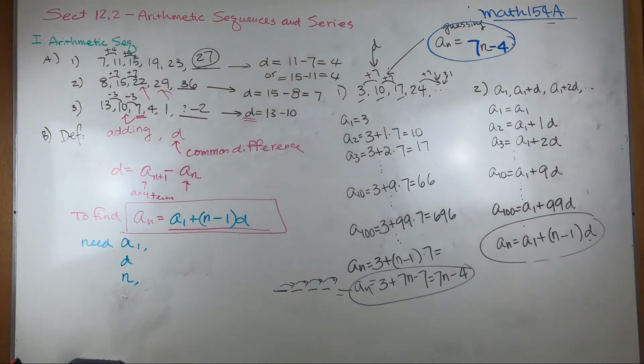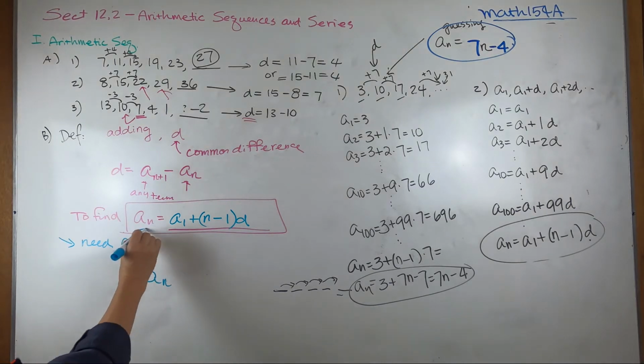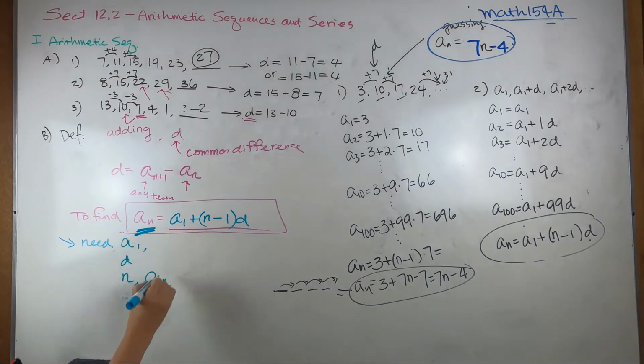How many COVID-19 cases. Then we do what? That would be our AN, right? 100th day, that would be 100. Then we need all those to be able to predict, to find our AN.